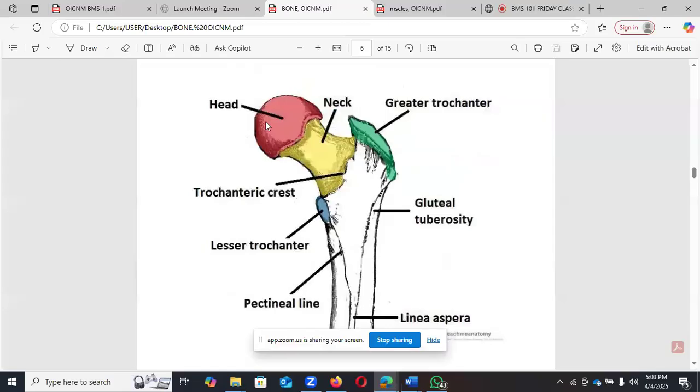Okay, you have the trochanteric crest. This crest is the trochanteric crest. Okay, you have the tuberosity. This is the gluteal tuberosity, which forms an attachment for muscle. Okay, you have the pectineal line. This is the pectineal line.